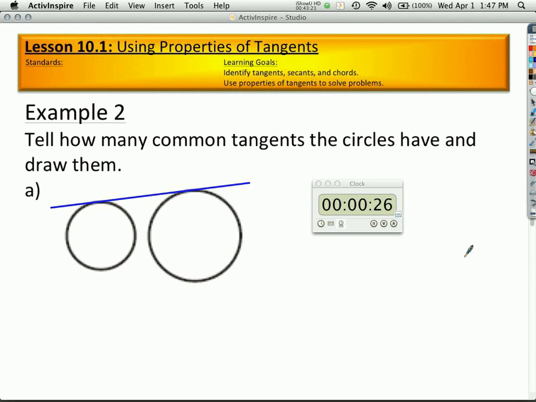You got about 30 seconds to try and find as many common tangents as you can. You can always just get up and try and take a different one.